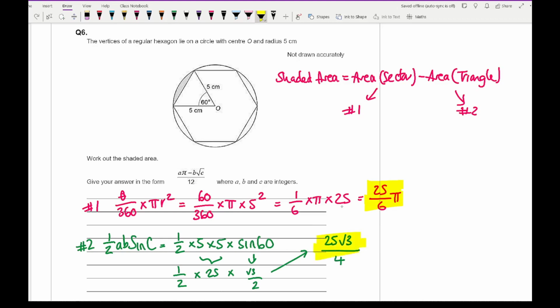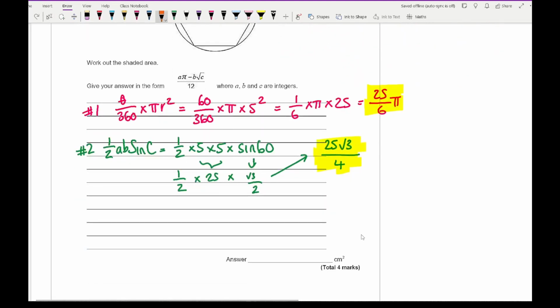So the next thing for me to do is to take these two things away. So if I just move down a little bit, here the shaded area is going to be 25 over 6 pi minus 25 √3 over 4.